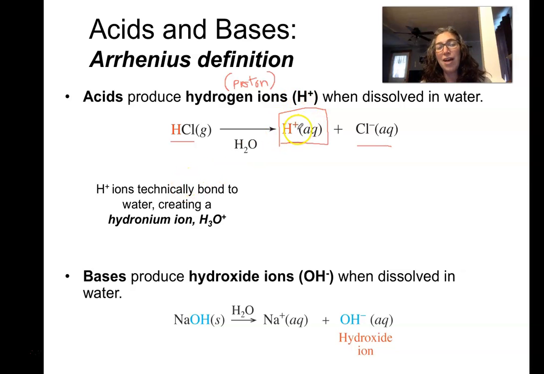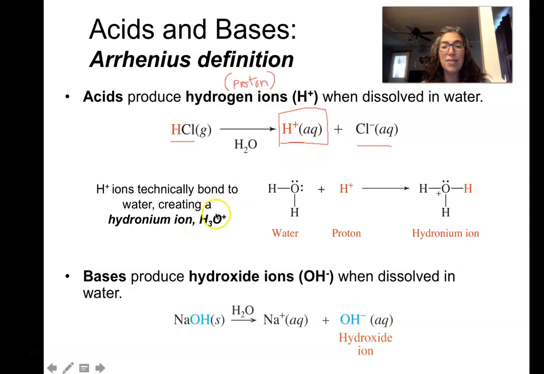Technically, hydrogen ions don't actually float around on their own in water. In water, they tend to piggyback onto water molecules. So here's a water molecule, and here's a free proton, an H+ ion. It actually becomes part of this water molecule, and it becomes a hydronium ion, H3O+.